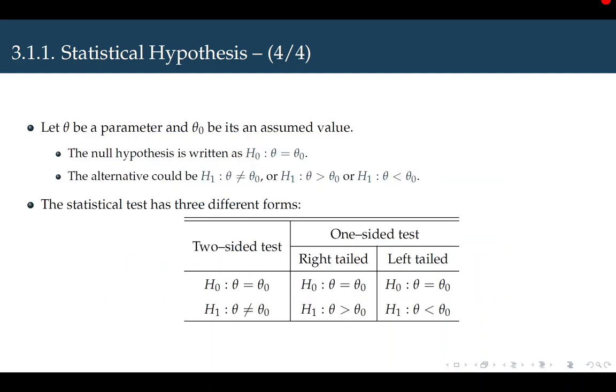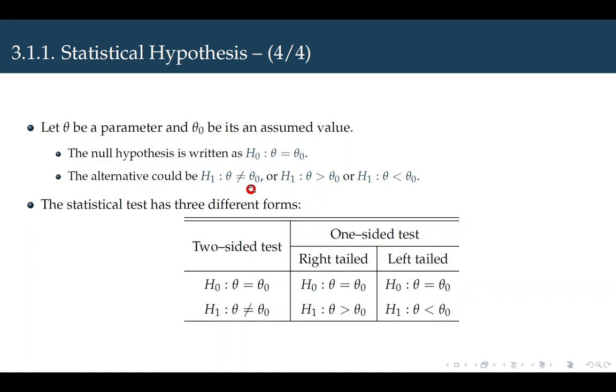So now again let's assume theta be a parameter of interest and let theta naught be its assumed or hypothesized value. So the null hypothesis is going to be written as H naught: theta equals theta naught. That means the population parameter and the assumed value have no difference. Then the alternative could be H1: theta is different from theta naught.